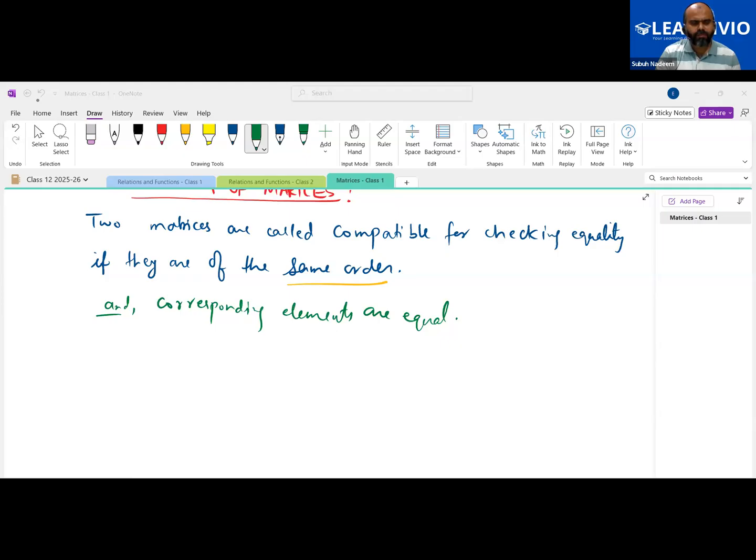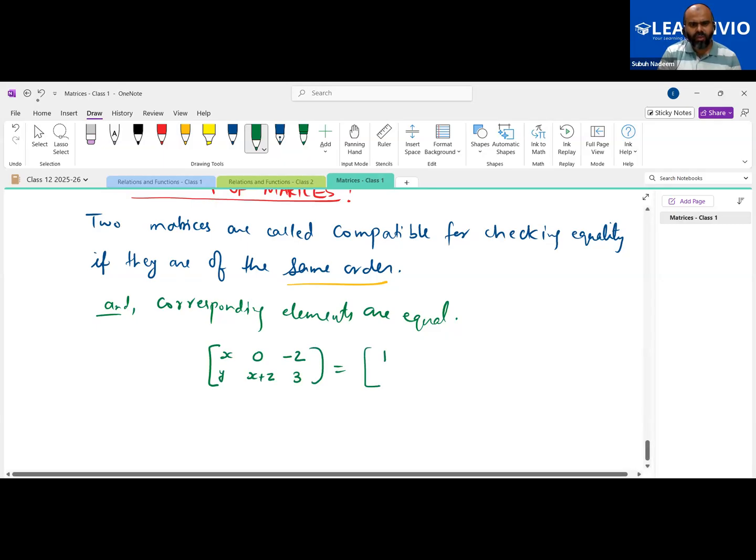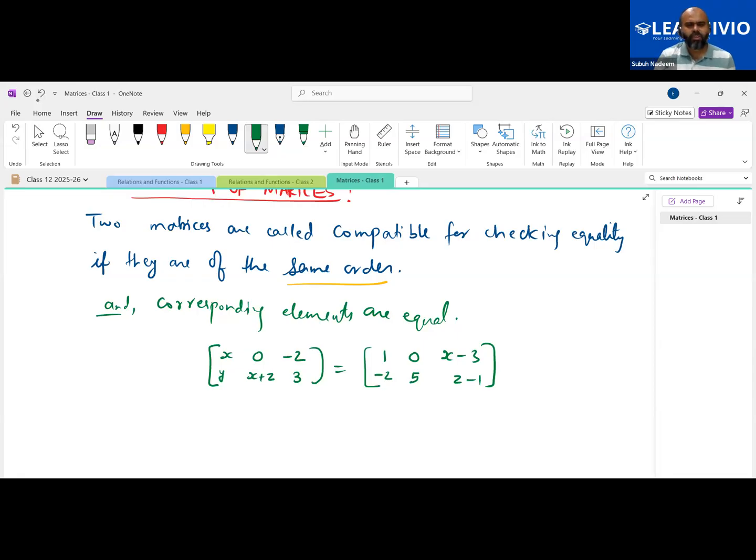So for example, if we have a matrix x, 0, minus 2; y, x plus z, 3, and this matrix we are saying is equal to 1, 0, and let us take x minus 3, okay. So I'm taking these two equal matrices.